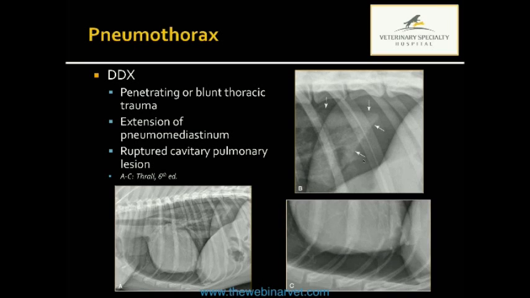On the lateral views, it actually tends to be the more sensitive region to look caudodorsally here. If there is sufficient pneumothorax, you may actually see what we would call elevation of the heart from the sternum by air opacity again. Be cautious. Some animals may deposit fat here, so it can be tricky sometimes to know whether the heart really is being elevated or it's just a fat patient.